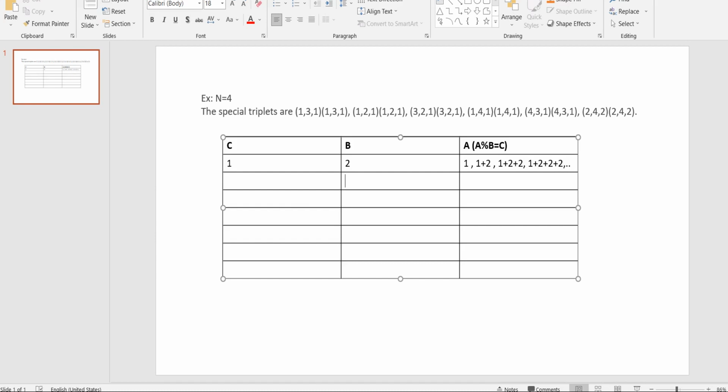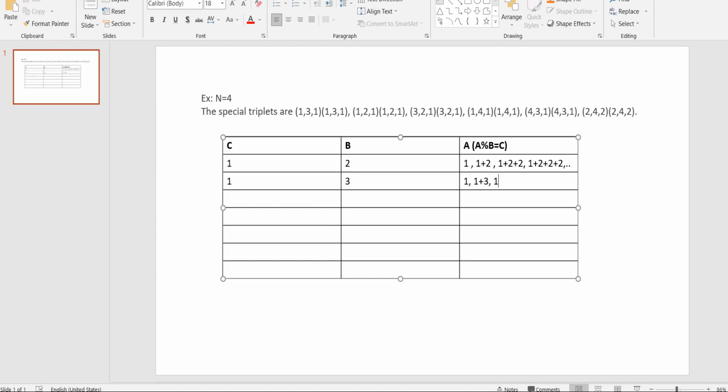Now let's try c equal to 1 and b equal to 3. The smallest a that we can take is 1, because 1 mod 3 is equal to 1. Followed by that we can take the next a to be 1 plus 3.